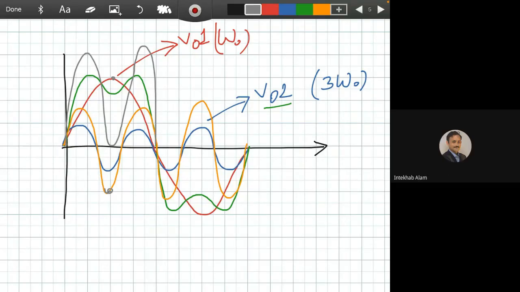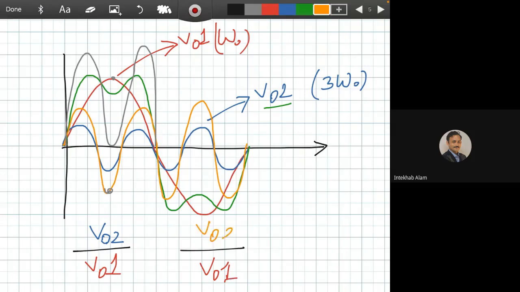So if we measure the harmonic factor, two harmonic factors, one is VO2 divided by VO1, I'll make it red. And the other harmonic factor is VO2 divided by VO1 for the orange one.